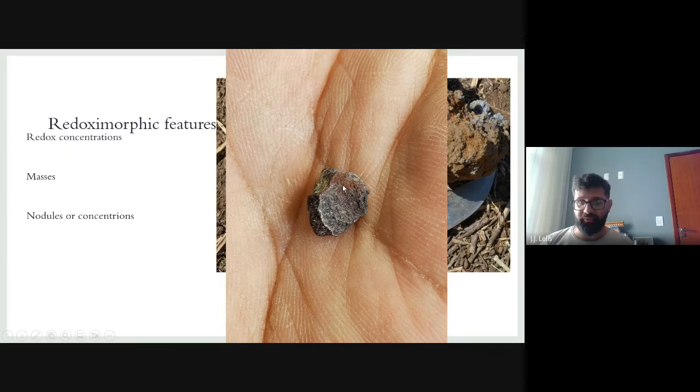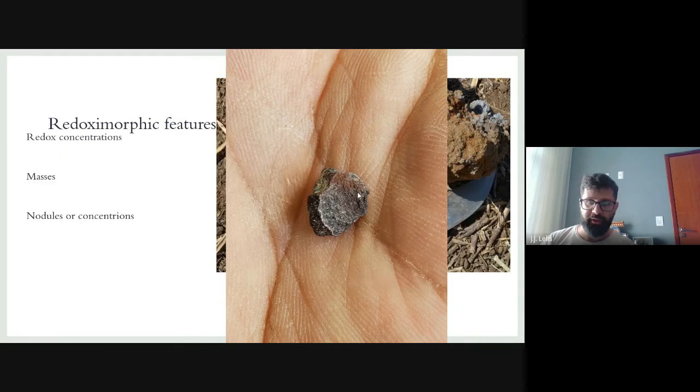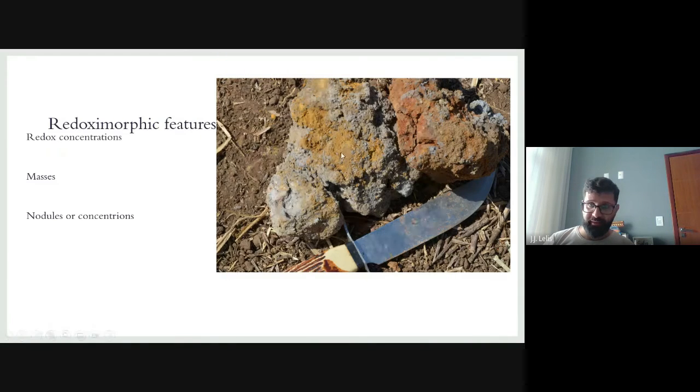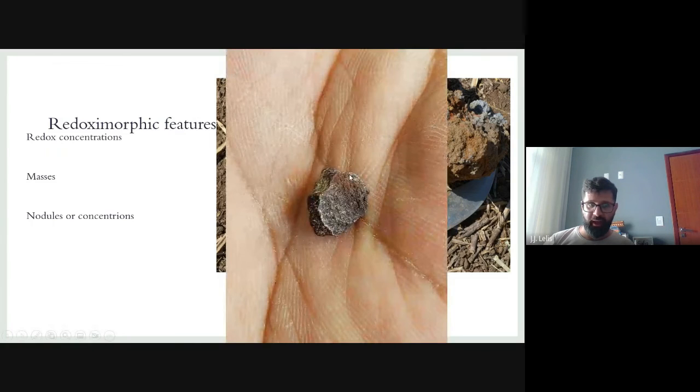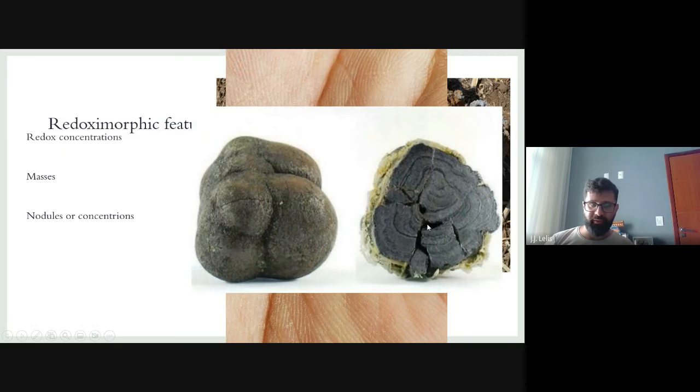When we don't have an organization, an internal organization, an internal fabric, it's a nodule. And when we have an organization, when we can see layers, we are seeing a concretion, okay? So here we have masses, and here we have a nodule, and here we have a concretion.